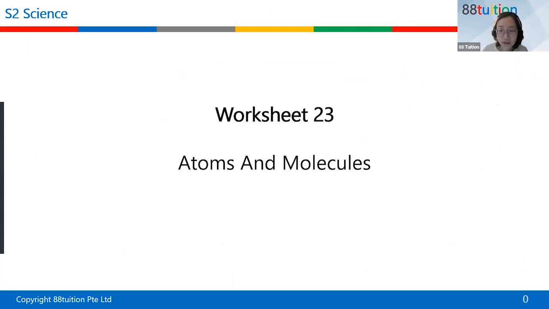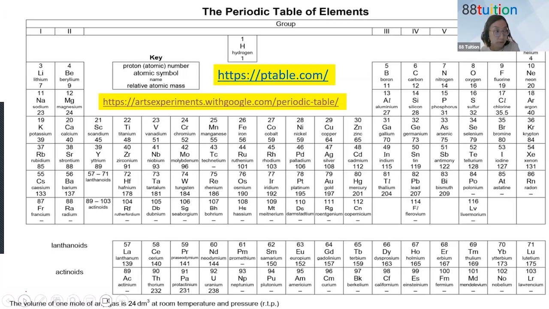Okay, hang on. It's because it's not synchronized. This is strange. Okay, now it's synchronized. Do you see there's 2 links here? These are the 2 periodic table links that I was sharing with you just now. All right, so go and have fun.